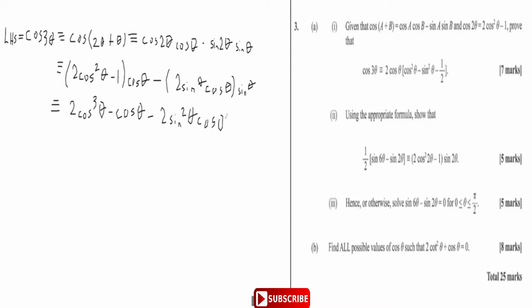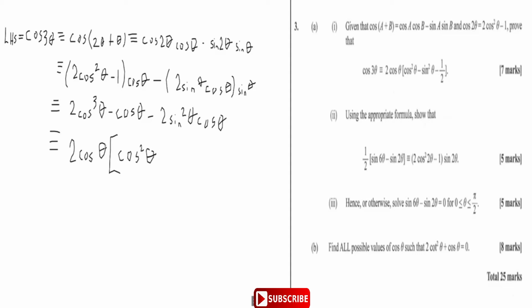Now I need to realize, what am I trying to prove? I realize that they have a 2 cos theta on the outside, factored out, and so I'm going to factor out some 2 cos theta. If I factor out a 2 cos theta, what I am left with is, out of 2 cos cube theta, cos square theta.